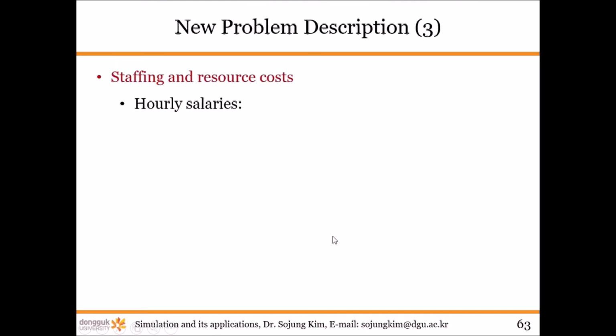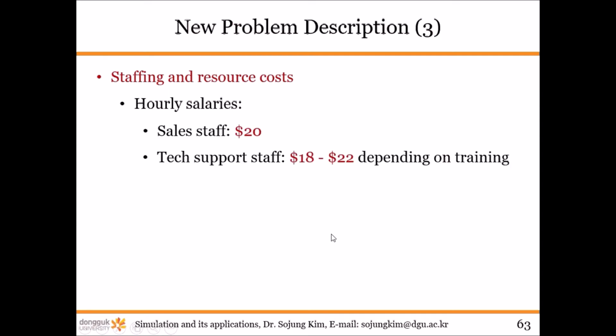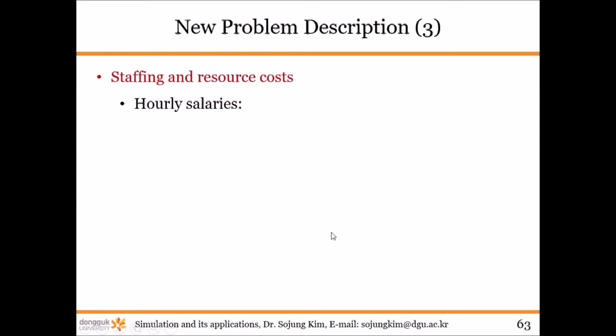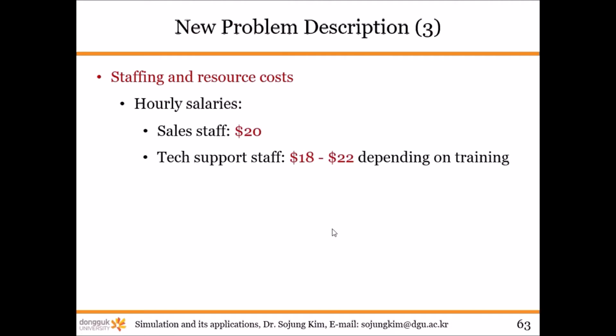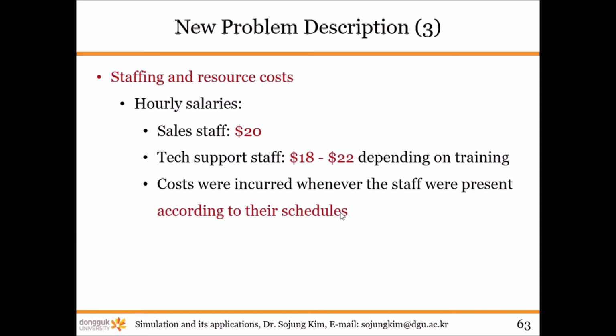So, staffing and resource cost, hourly salary. Here's the information on the staffing. Sales staff require $20 per hour, and tech support staff require from $18 to $22 depending on training or technique level, knowledge, skills, and so on.